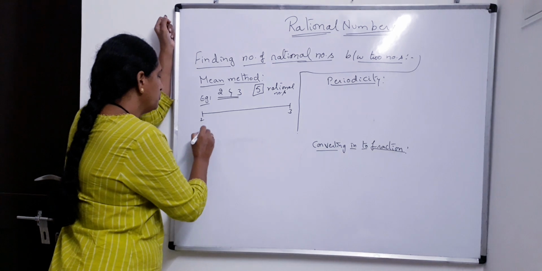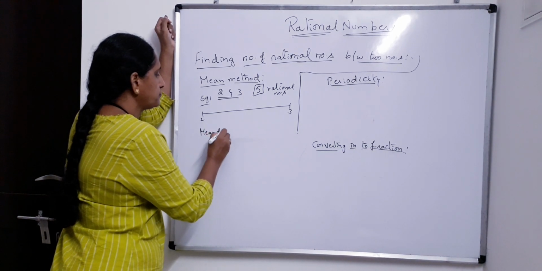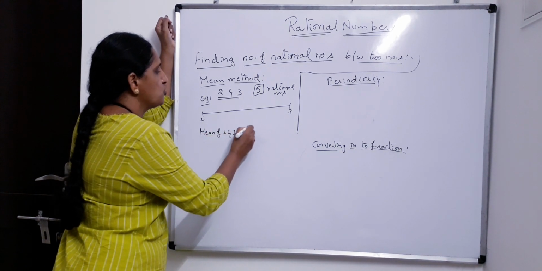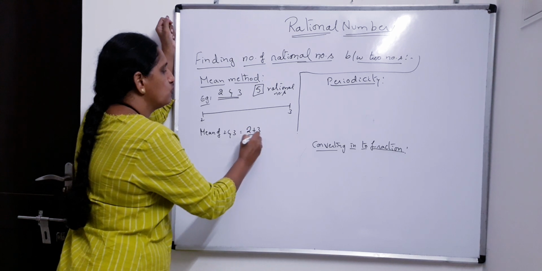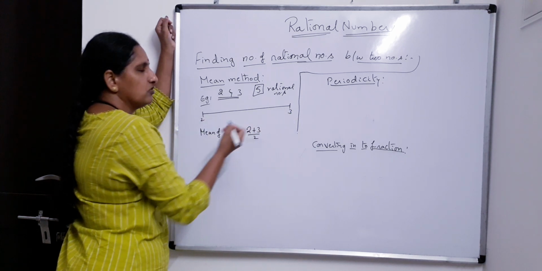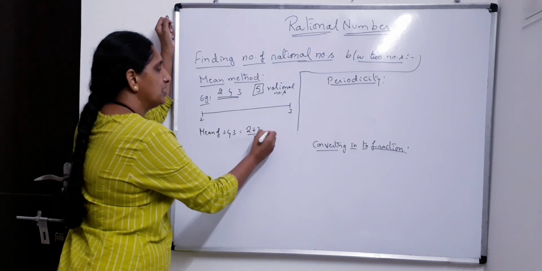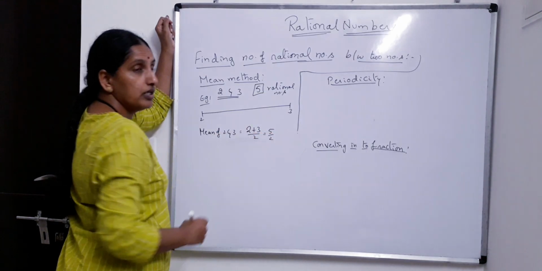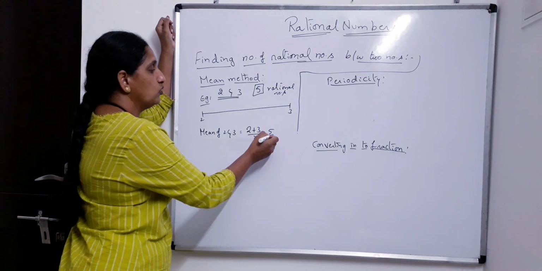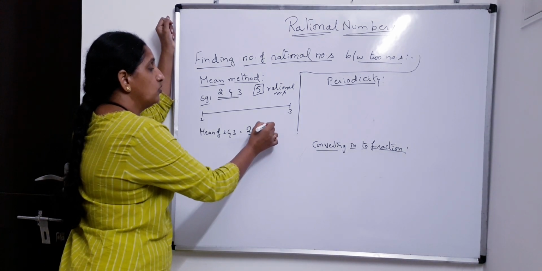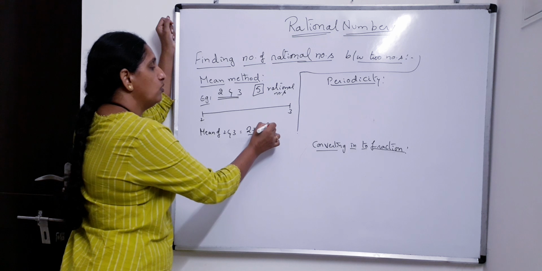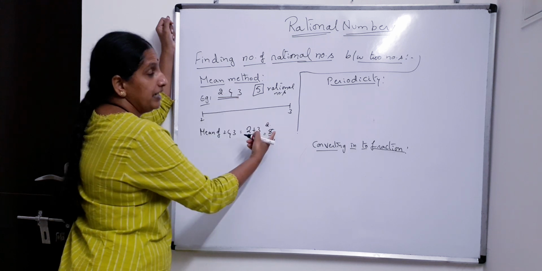So what is the mean of 2 and 3? That is 2 plus 3 by 2. Two numbers, so sum of numbers by number of numbers. That is 5 by 2. So 2 ones are 2, 2 twos are 4, remainder is 1.